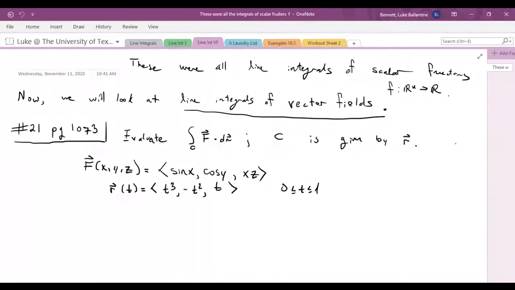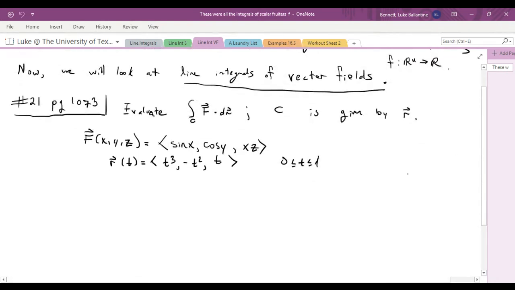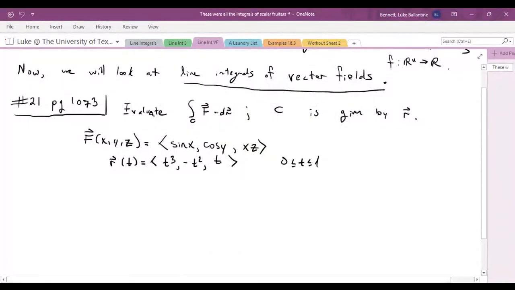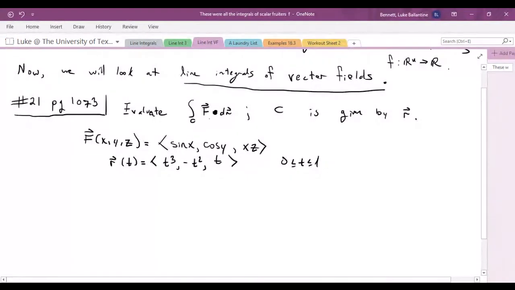So we're going to evaluate the line integral over C of big F dot dr with vector notation, where C is given by a vector valued function r. So you can see that instead of multiplication between f and ds, we have a dot product between F and dr, which is another type of multiplication.